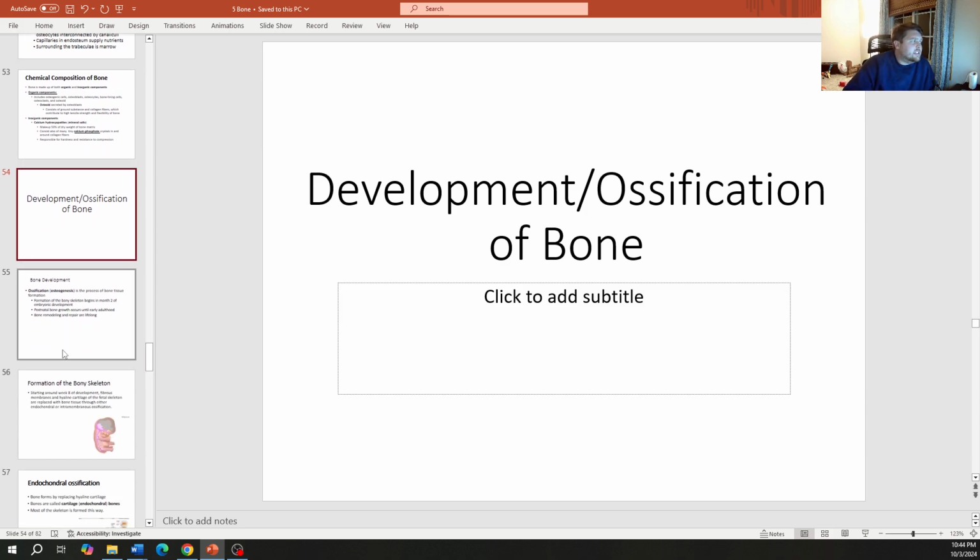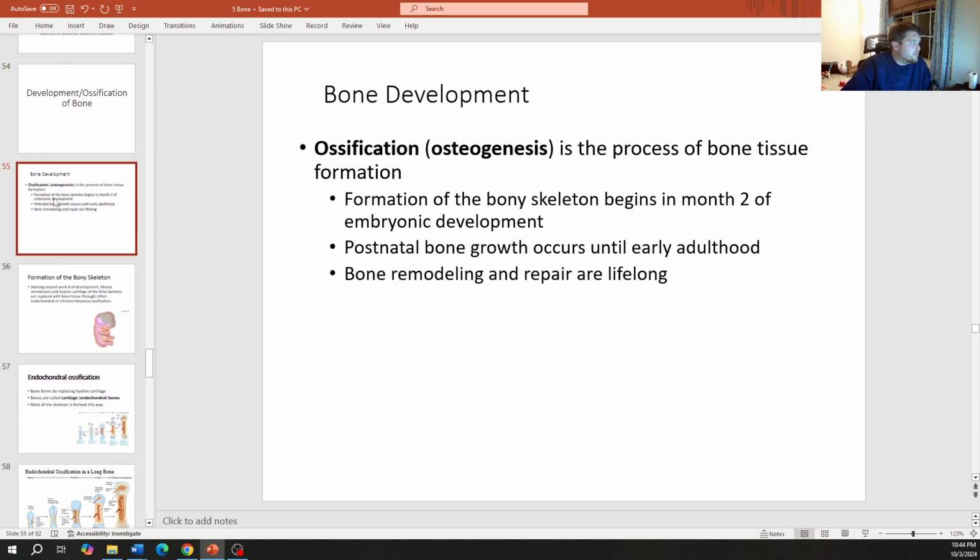Now, the development and the ossification of bone. Ossification, also known as osteogenesis, is the process of bone tissue formation. This begins very, very early in utero, about 6 to 8 weeks.